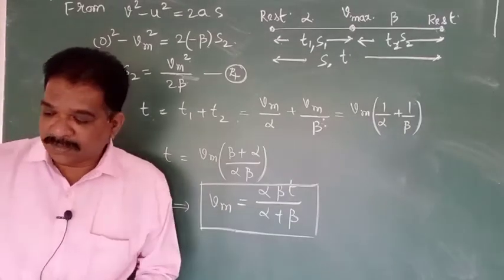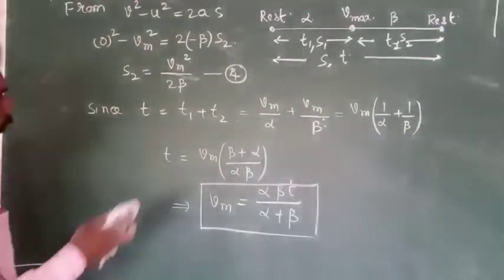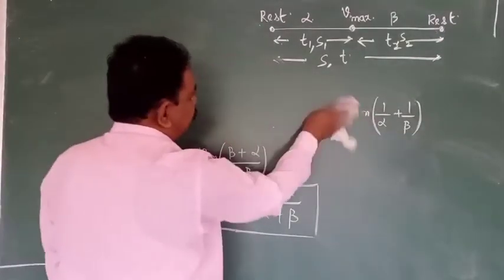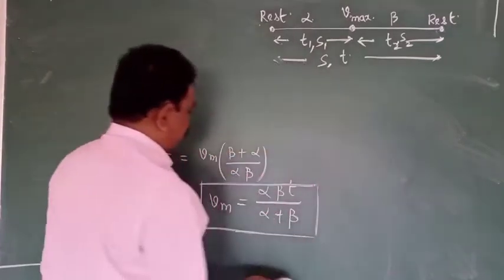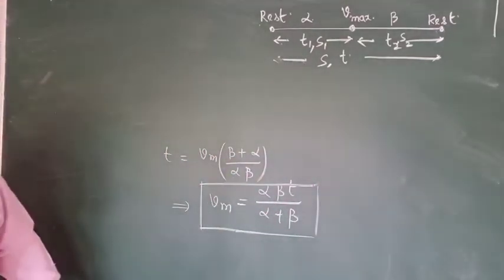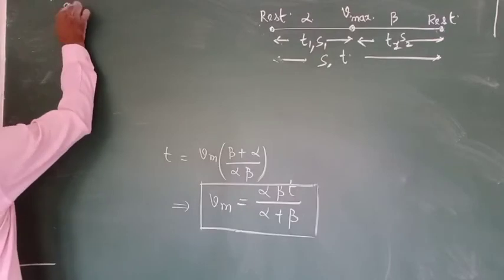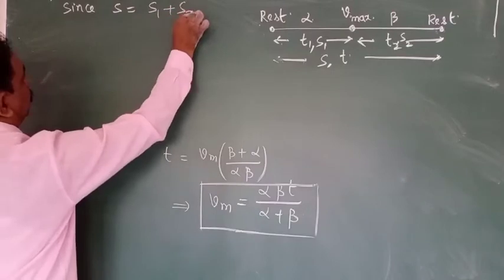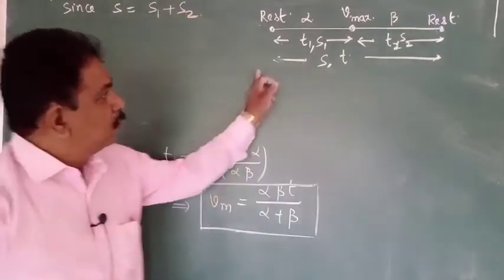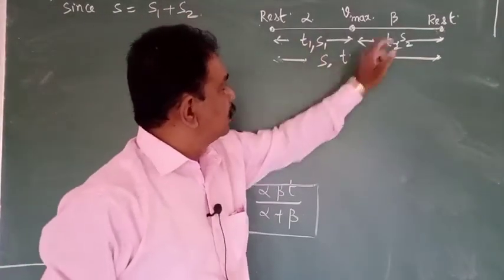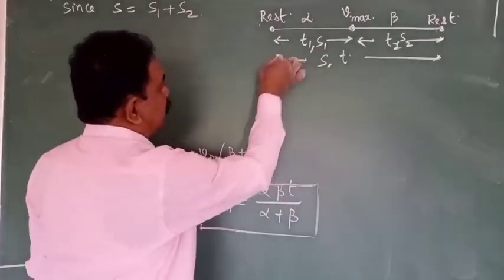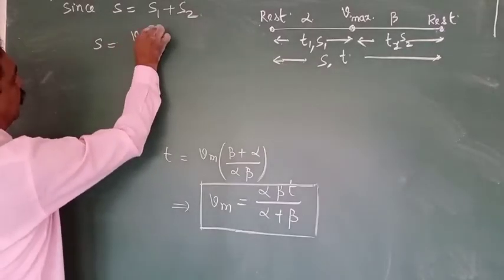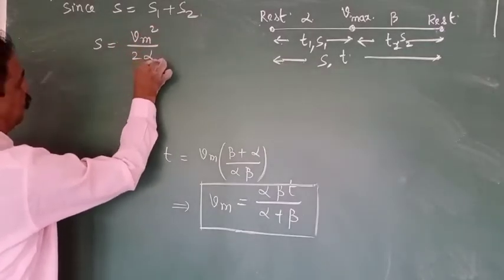Next, displacement. Total displacement, yes, we assumed. To get that, S is equal to S1 plus S2. Total displacement is nothing but S1 plus S2. So S1 we got is Vm square by 2 alpha.